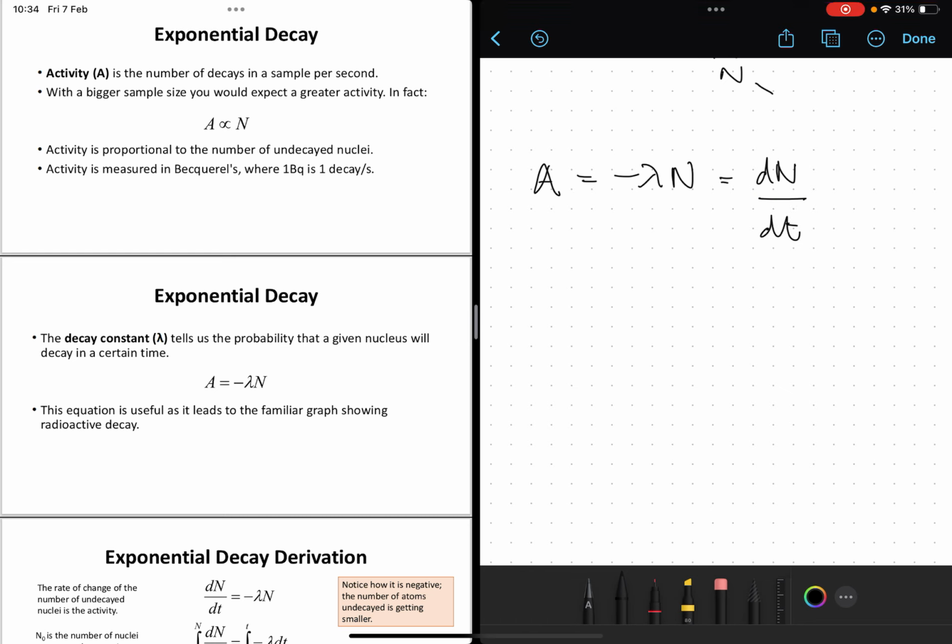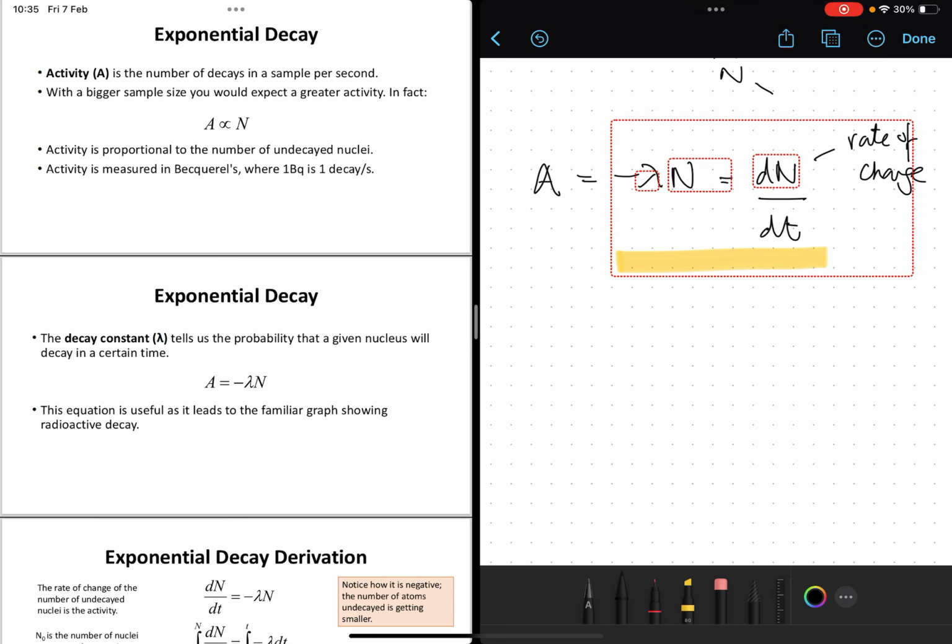And now we begin to see something that we've met before when we looked at capacitors. We've seen it before when we've looked at the amplitude decaying for oscillators undergoing simple harmonic motion. The rate of change of undecayed nuclei is related to the number of undecayed nuclei.